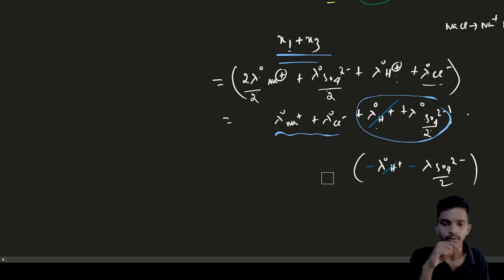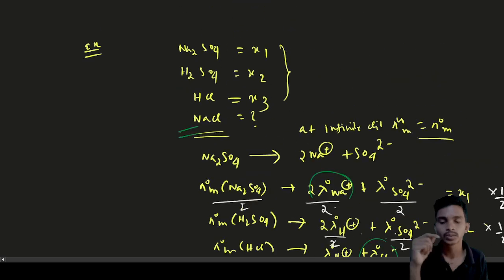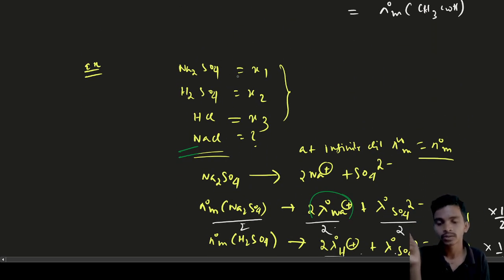So this and this cancel, so finally we get plus cell minus, that is going to get NaCl. Okay.